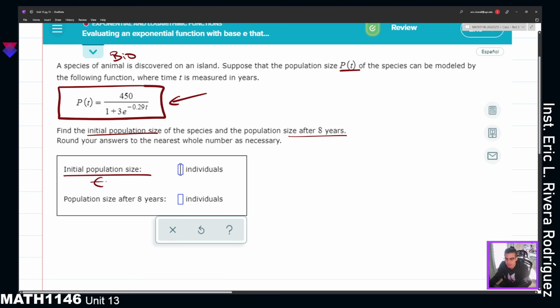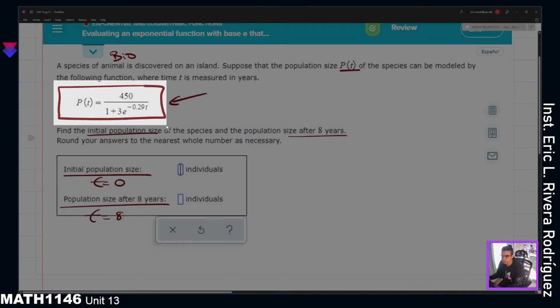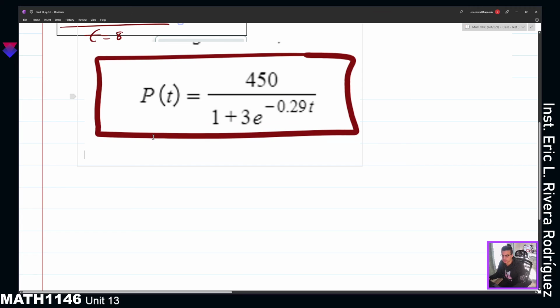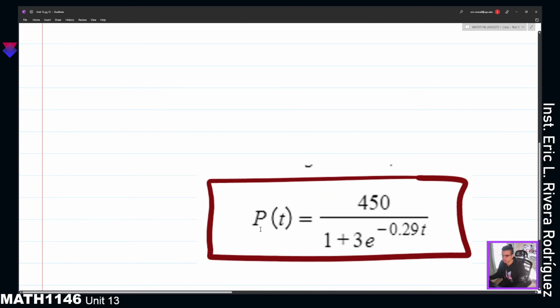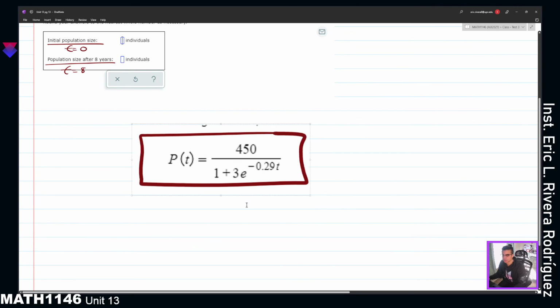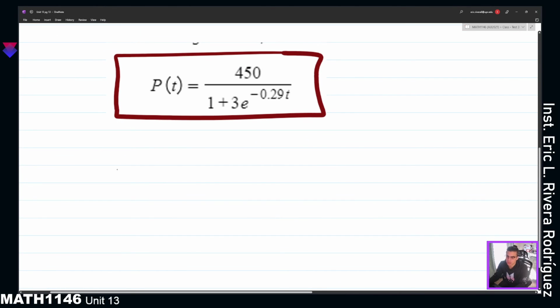All right. So how are we going to find the population size using this formula? You need to remember that when we are talking about the initial population size, the value of t is going to be 0. Then for the population size after 8 years, the value of t is going to be 8. So let's calculate the initial population size. So the initial population size is when t is equal to 0.